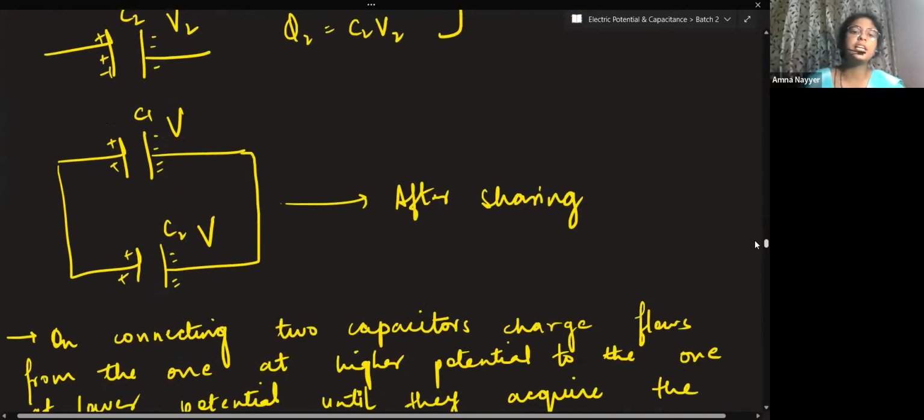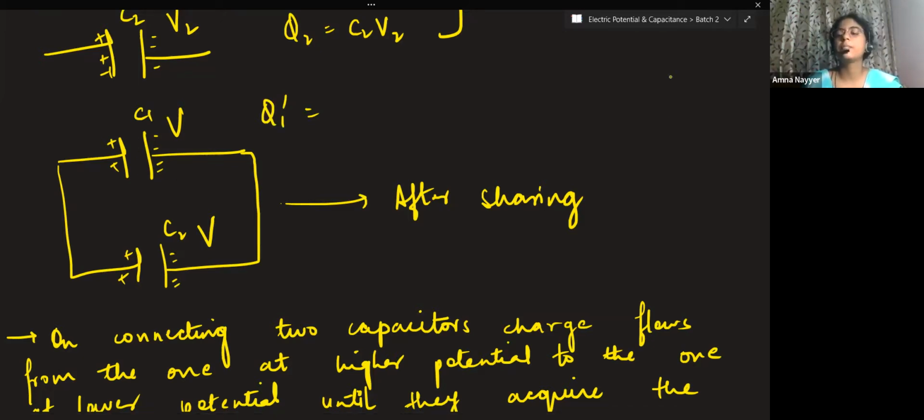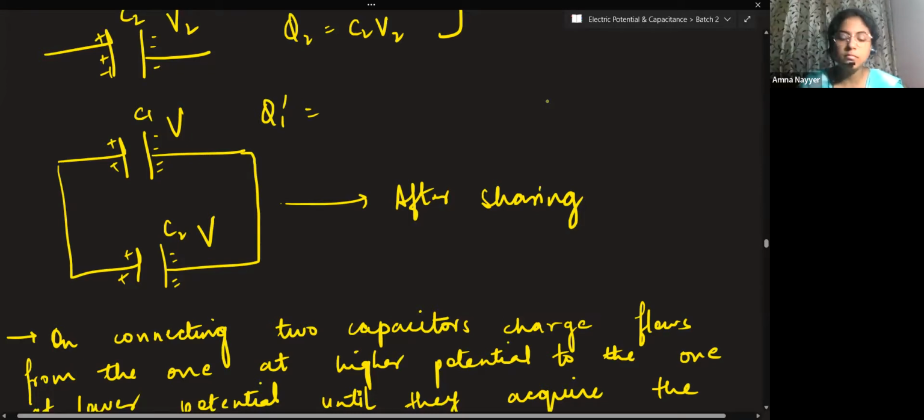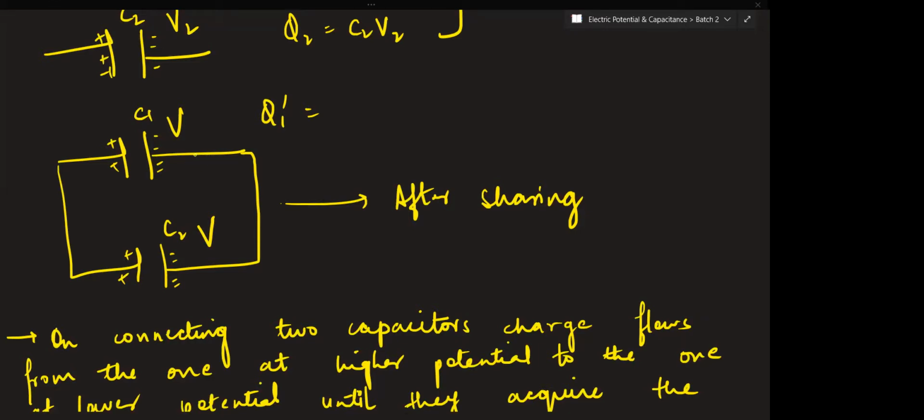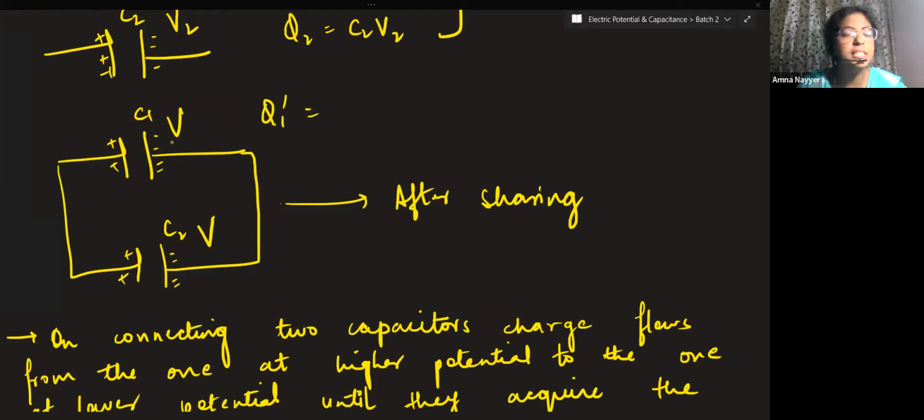Now, after sharing, yes, Hamza, you tell us what will be this charge now. C1 is the capacitance, V is the potential now. What will be the charge?